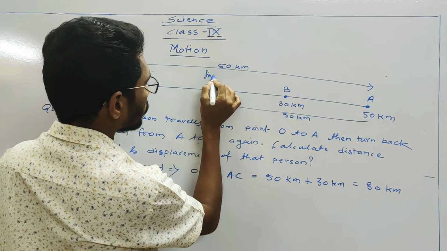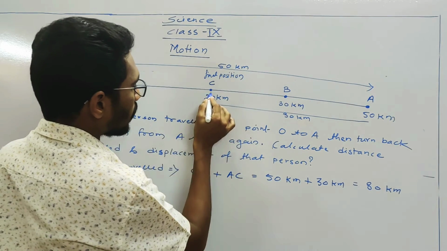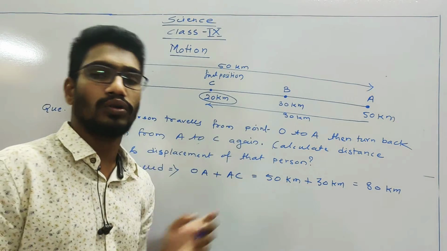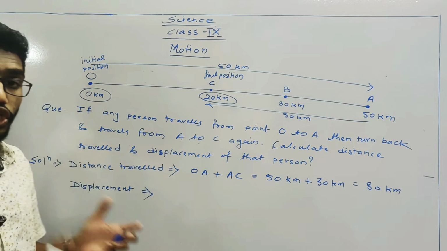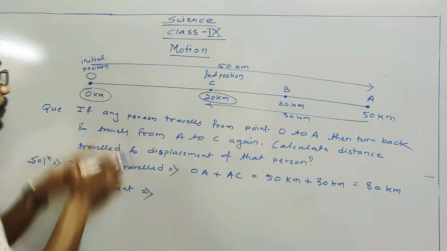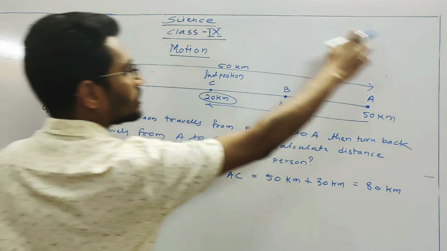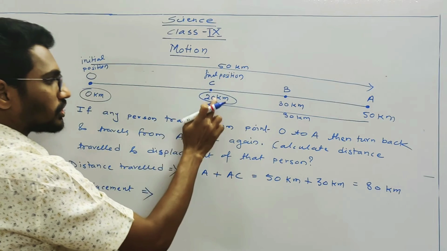C. कितना 20 किलोमीटर. आप कहीं से भी घूम के आओ. What will be your displacement? The shortest distance measured from your initial position to final position. आप कहीं भी जाके आओ. Initial position is 0, final position is 20.